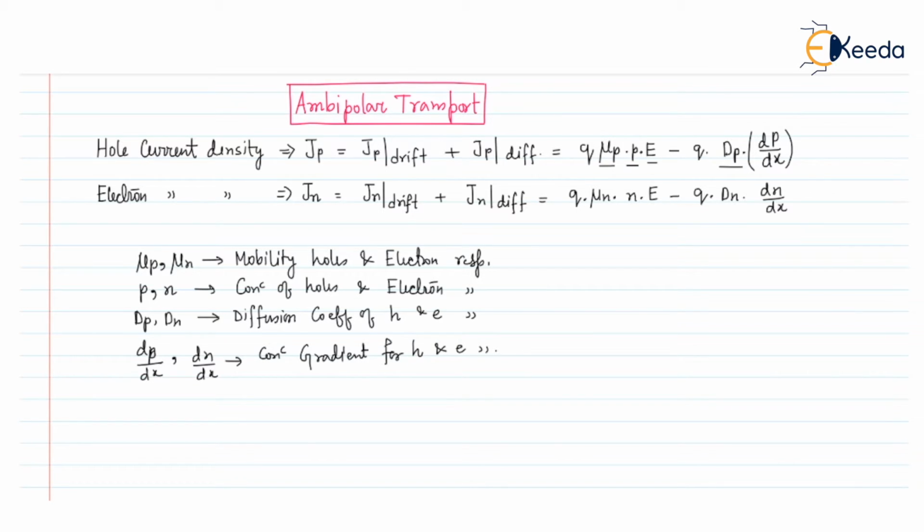So these are the current density equations of holes and electrons that will be needed for the ambipolar transport. Now, for describing the ambipolar transport, let us consider a semiconductor bar like this.